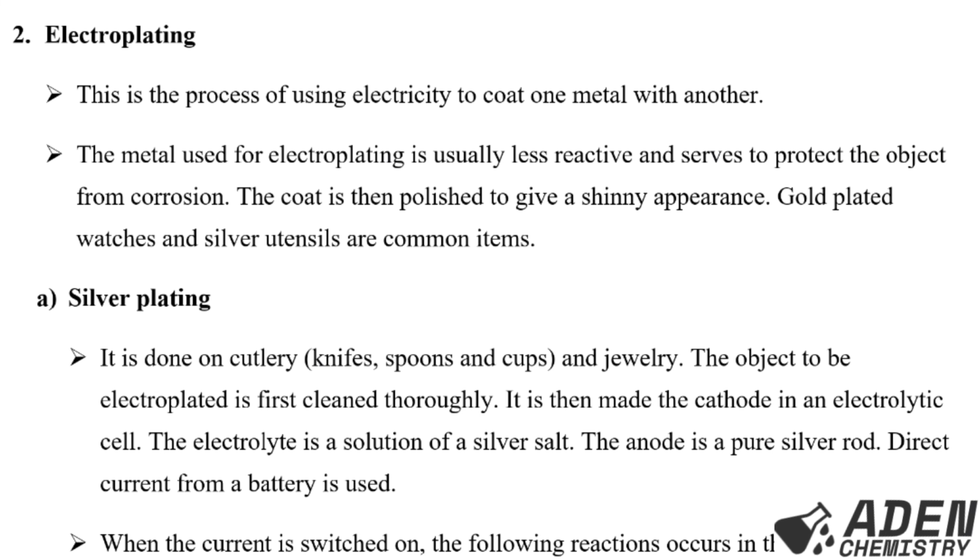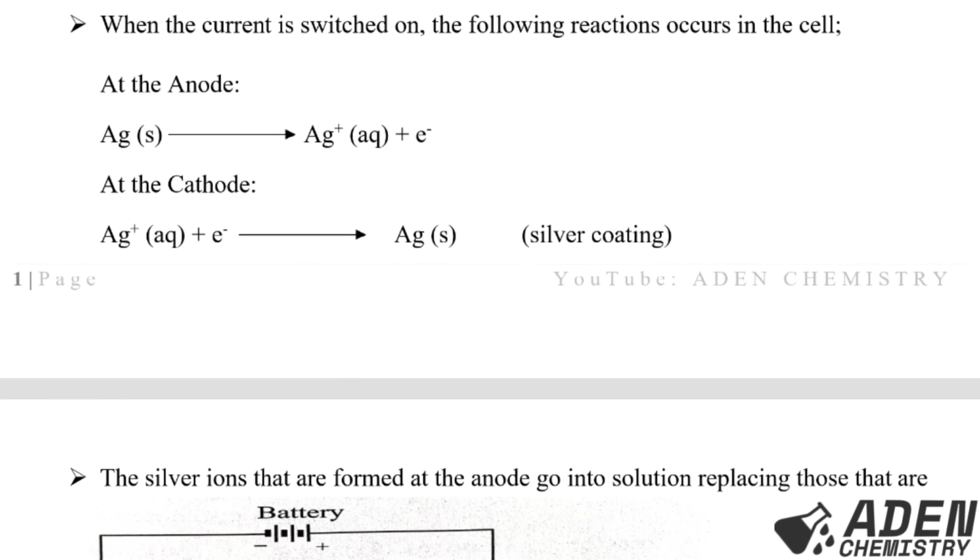Then when the current is switched on, the following reactions occur in the cell. That means we are going to see the reaction taking place at the anode and the reaction taking place at the cathode. At the anode, we have solid silver, which loses one electron to form silver ions in solution.